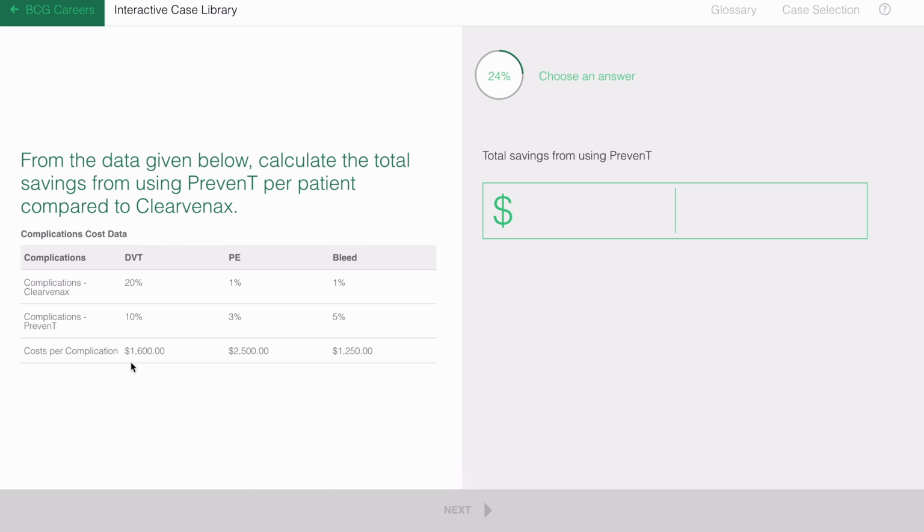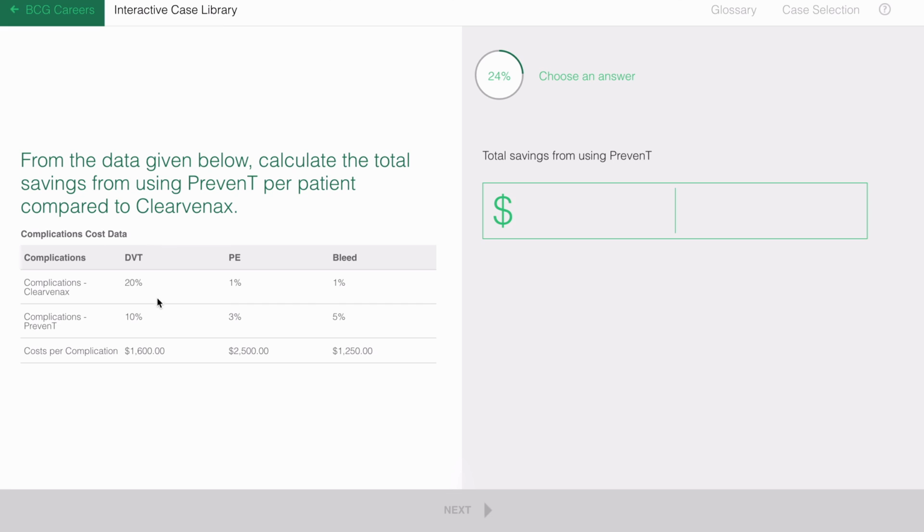Again, the economic value that our drug provides is the improvement in complication rate, which is a decrease in complication rate, multiplied by the cost per complication, right? For example, looking at DVT, PreventT is 10% better on an absolute basis than Clearvanax.